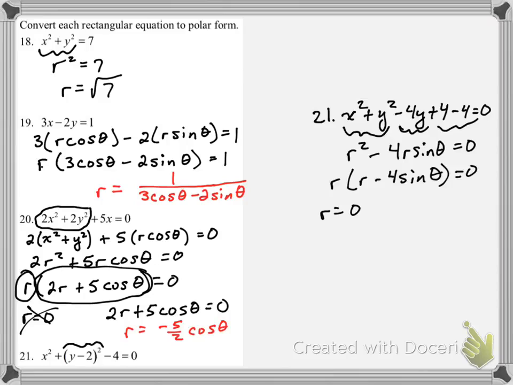So once again we get r equals 0, which is nothing, or r minus 4 sine theta would equal 0, which means r is equal to 4 sine theta. And that would be our answer right there.